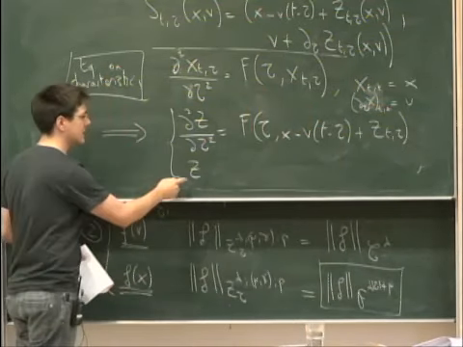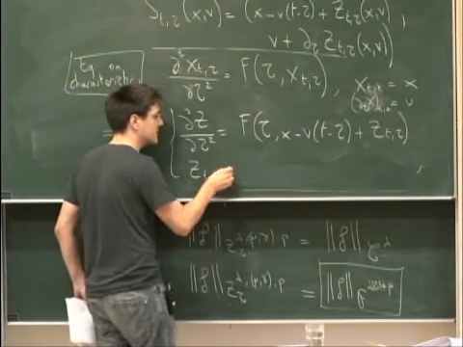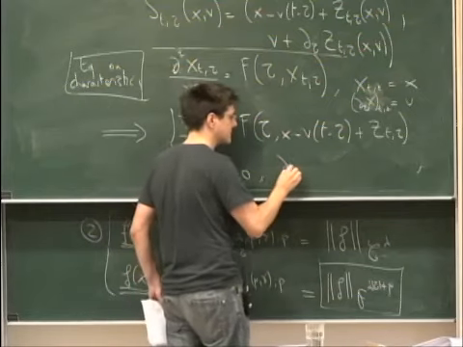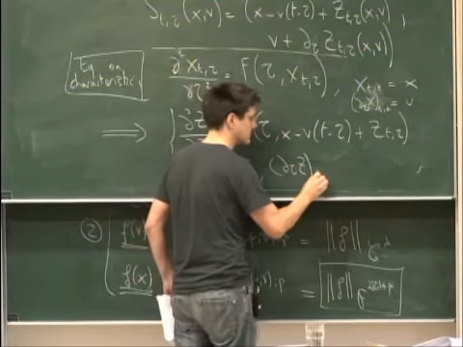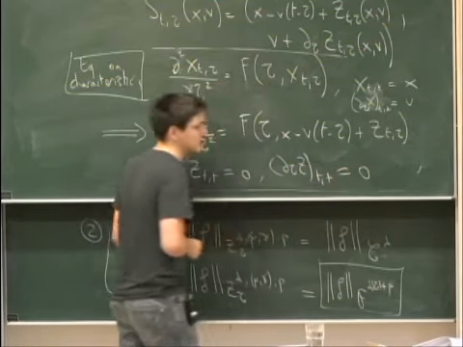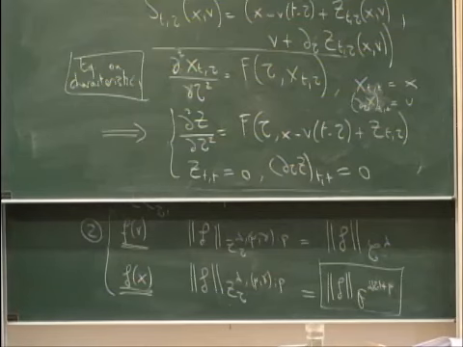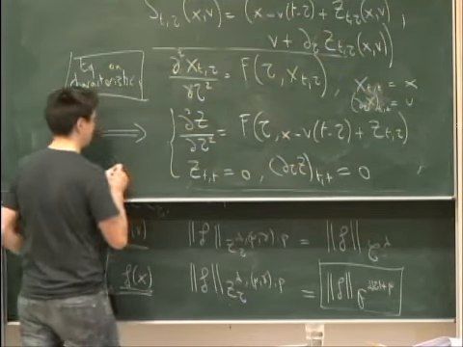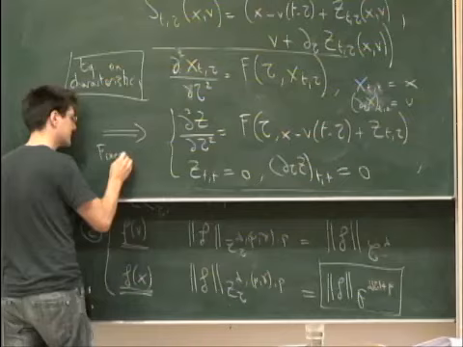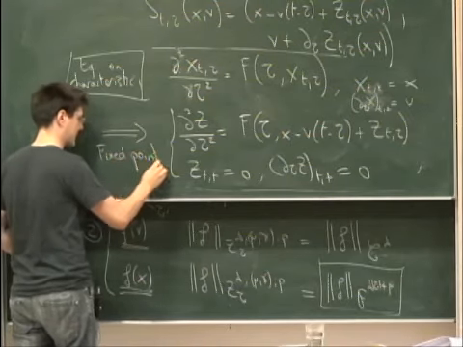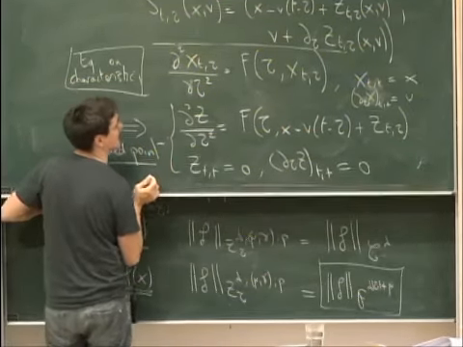Okay. And here the initial data are 0, because it is done so that the perturbation is 0 initially. And then we do a fixed point here on this formulation.